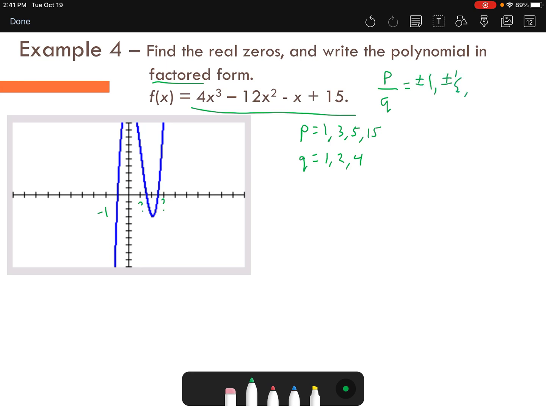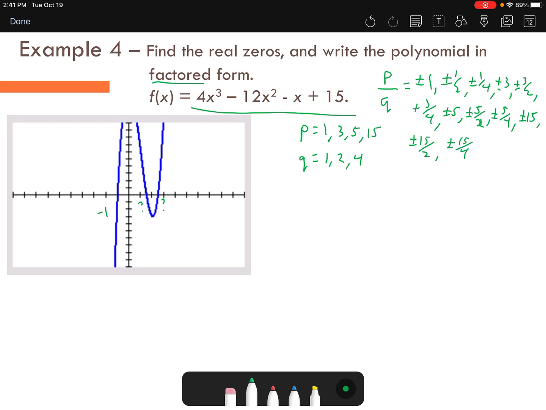We know 1 over 1, 1 over 2, 1 over 4, plus or minus 3, plus or minus 3 over 2, plus or minus 3 over 4, oh boy, plus or minus 5, plus or minus 5 over 2, plus or minus 5/4, plus or minus 15, plus or minus 15 halves, and plus or minus 15/4.